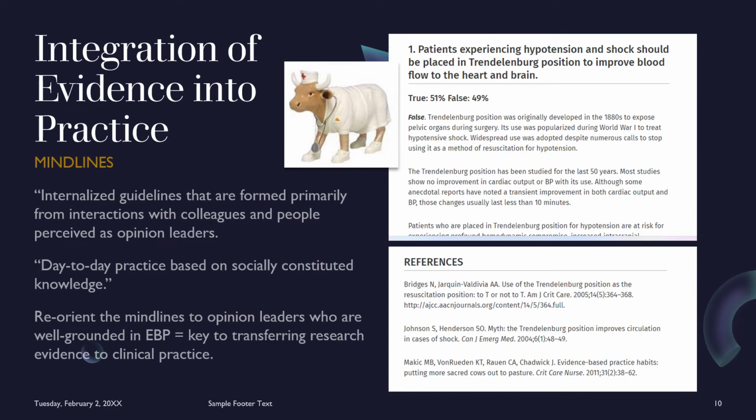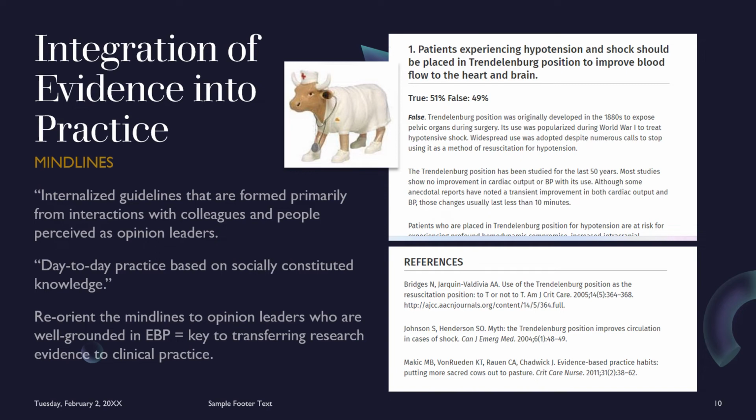So the point was that this group looked at like 14 different practices and asked a group of nurses whether these were evidence-based practices or just a sacred cow, like something that we do because we've always done it that way.